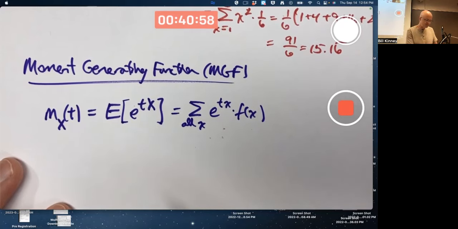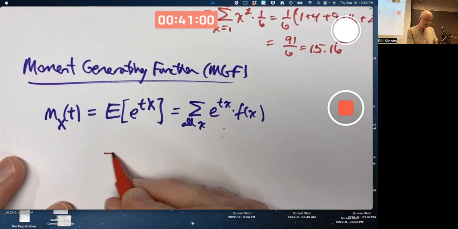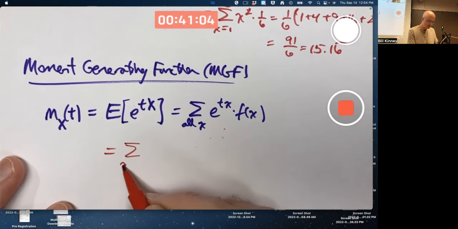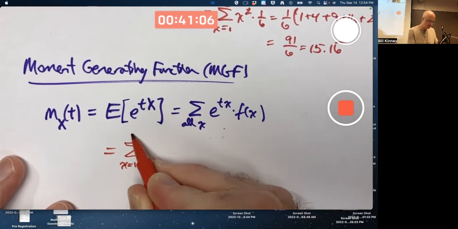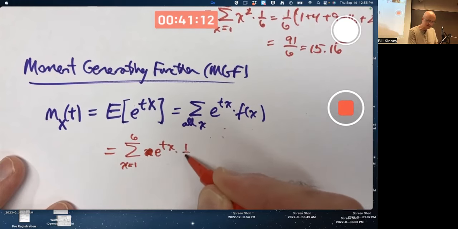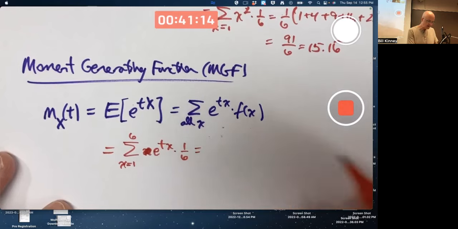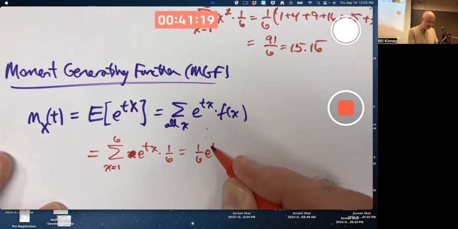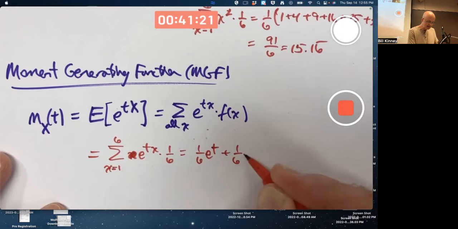So for our example here, coming back to the dice rolling example, it would be this sum. E to the tx times 1/6, which you can actually write out as first 1/6 e to the t plus 1/6 e to the 2t, right?